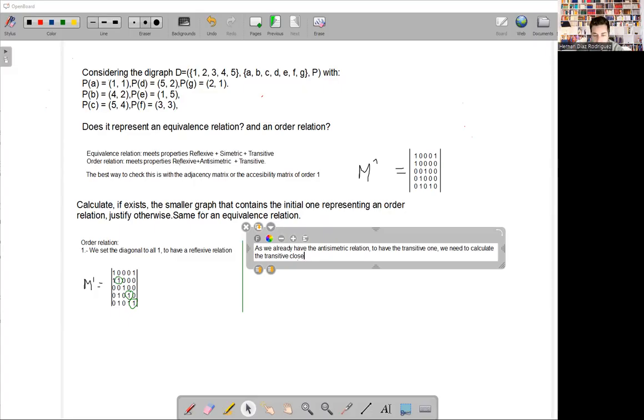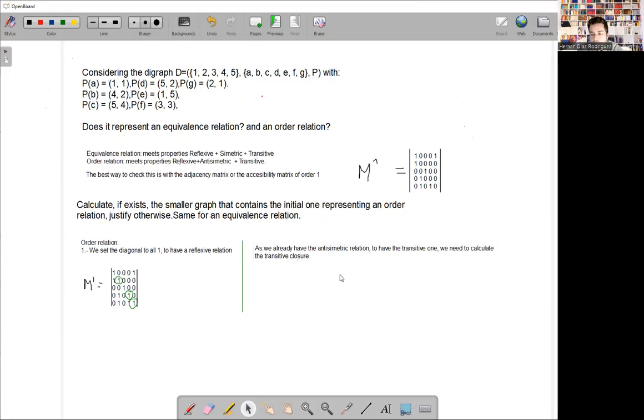The transitive closure, right? So how do we do this?